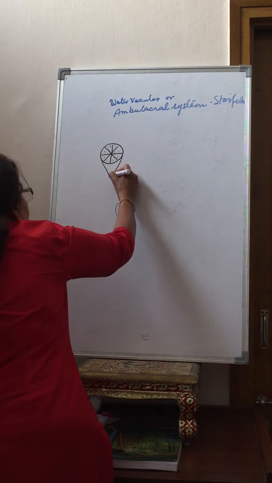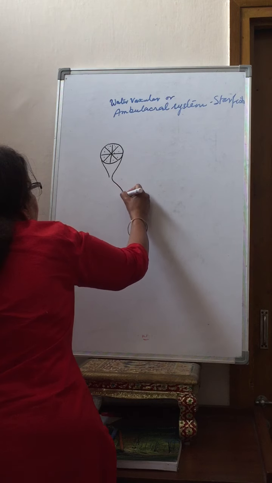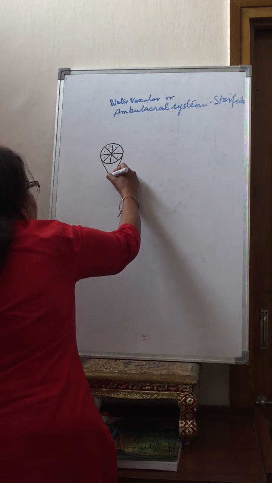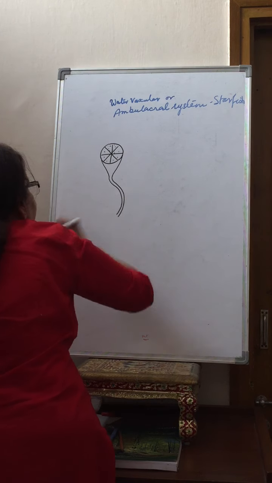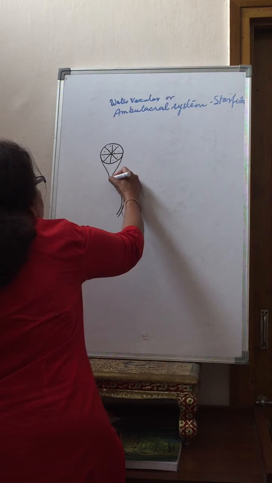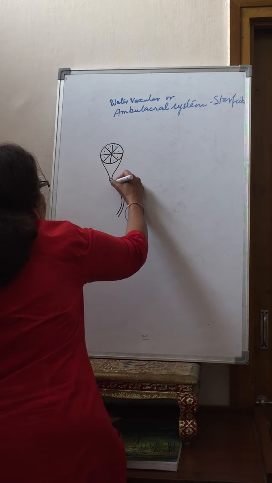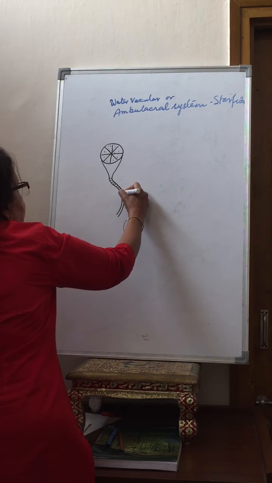Madreporite leads to ampulla, and then there is an S-shaped stone canal. It is known as stone canal because it has got calcareous rings of ossicles in it.